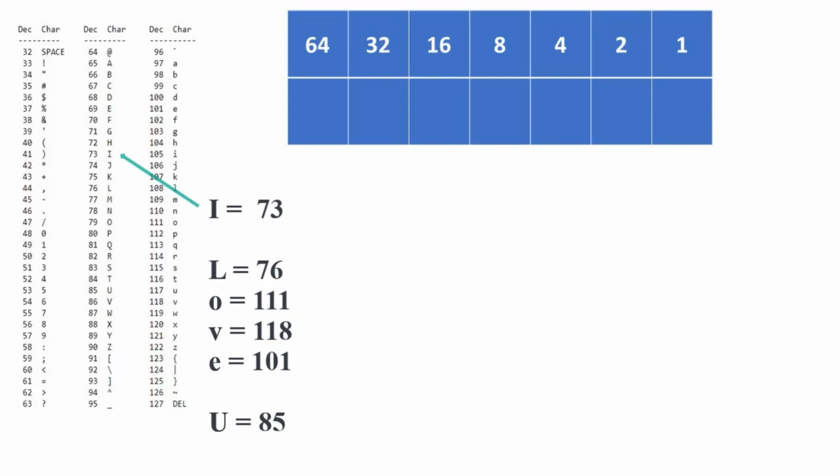So let's start how to do it. Okay. 73 is 64 plus 8 and 1. 64 plus 8 plus 1. So, in binary, lahat ng highlight is 1. Lahat ng hindi highlighted is 0.